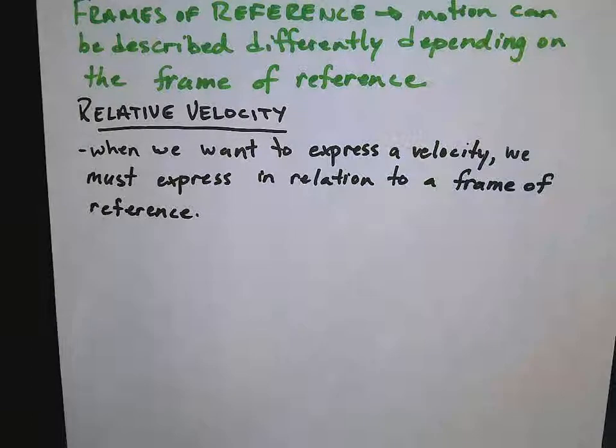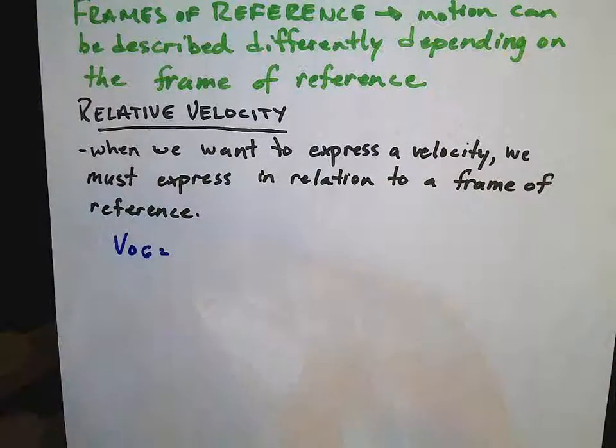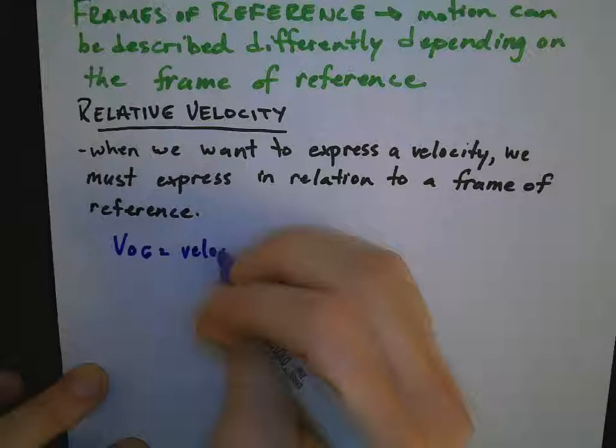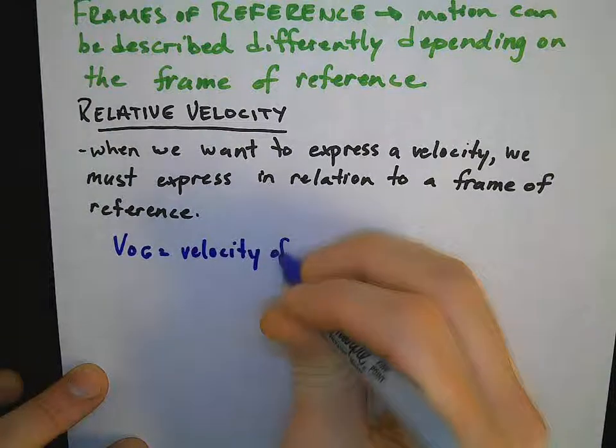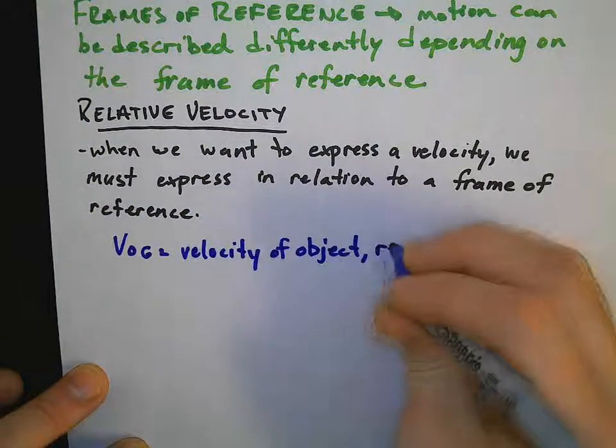In other words, what we're going to see typically is something like V_OG, the velocity of our object that's being analyzed, relative to the ground.